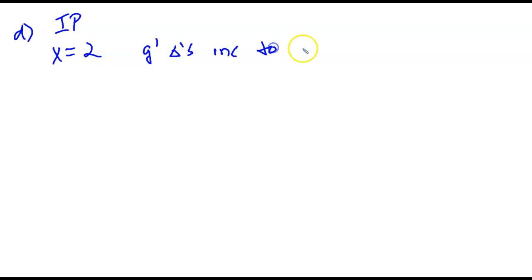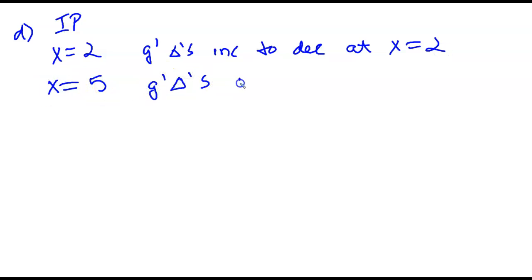So my inflection points for part D would be at x equals 2, because g prime changes from increasing to decreasing at x equals 2, and at x equals 5, g prime changes from decreasing to increasing, and those would be my 2 inflection points.